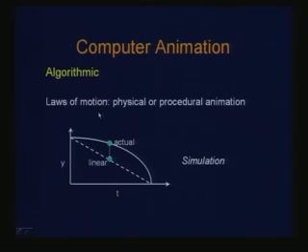So, I can embed the law of physics or law of motion into the process which I am trying to simulate. Okay. So, this gives you the spectrum of techniques which could possibly be used in computer animation.